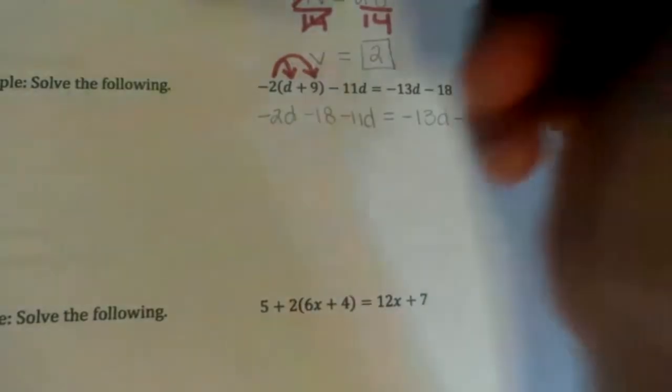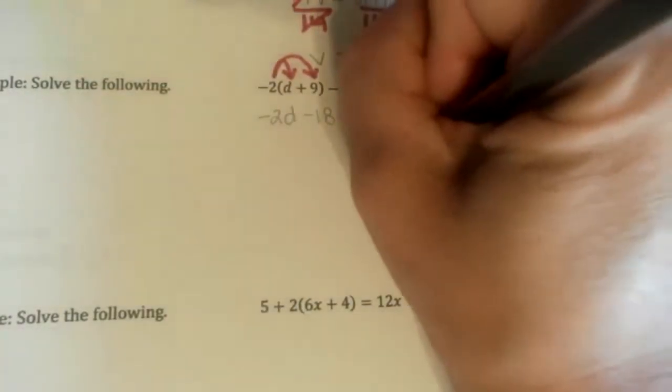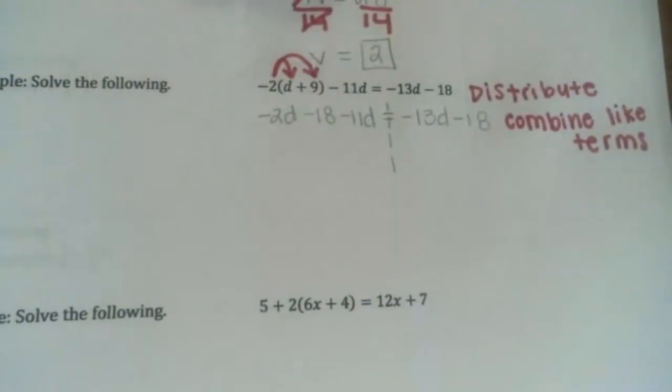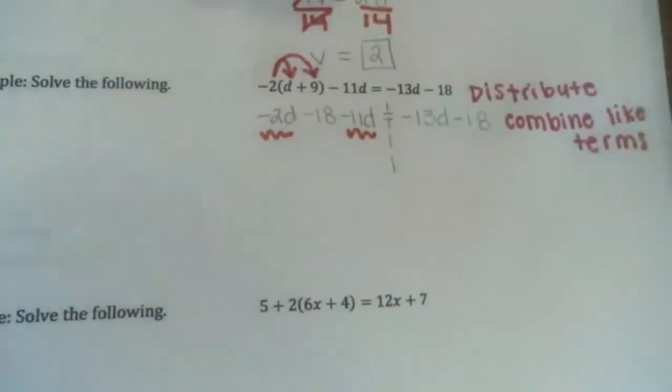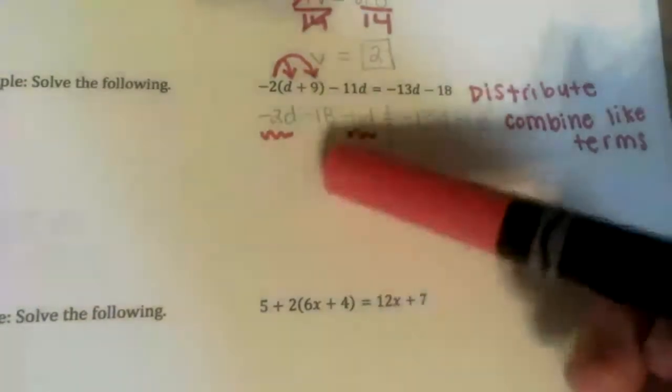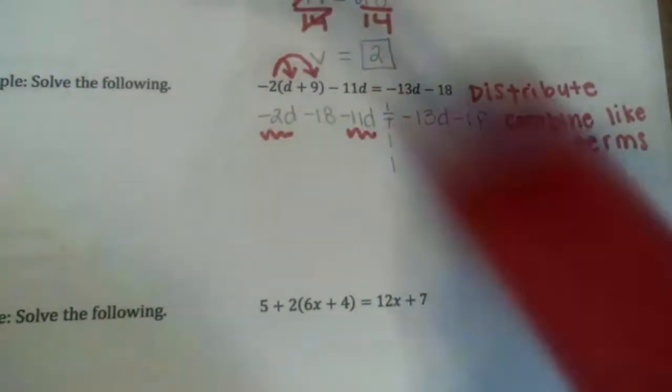All right, so if you notice that the negative 2d and the negative 11d are on the same side of the equation. So because they're on the same side, we just combine them together. The only time we do the opposite is whenever it goes to the other side of the equation.